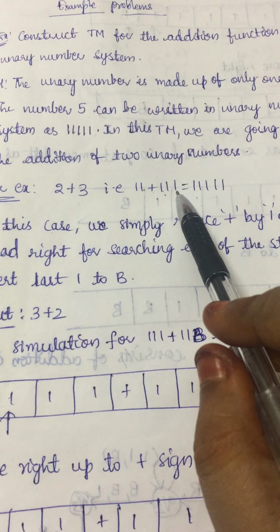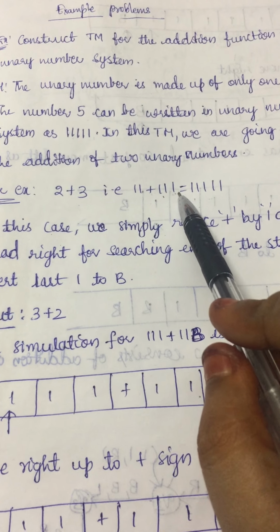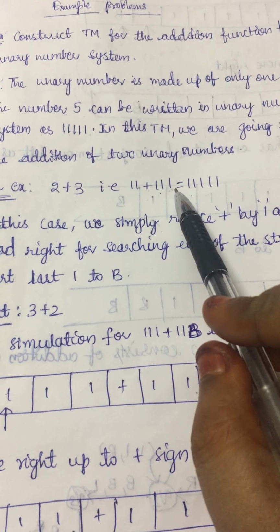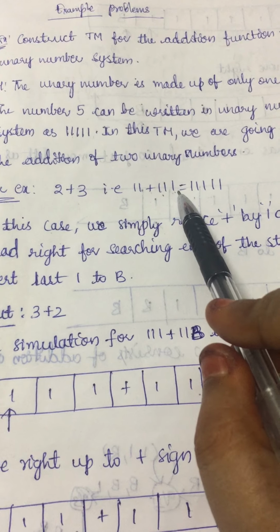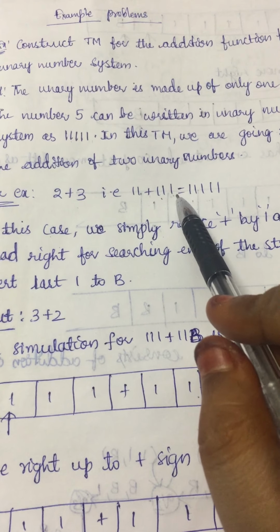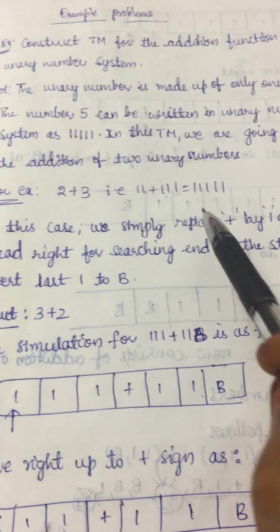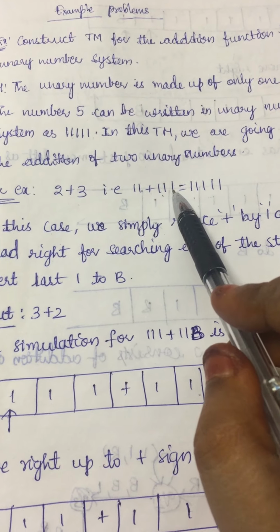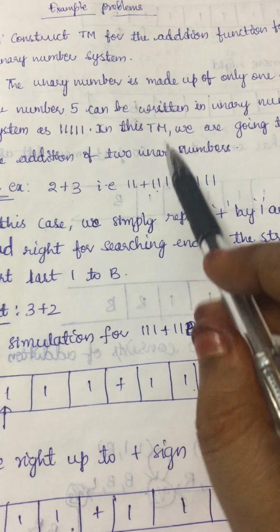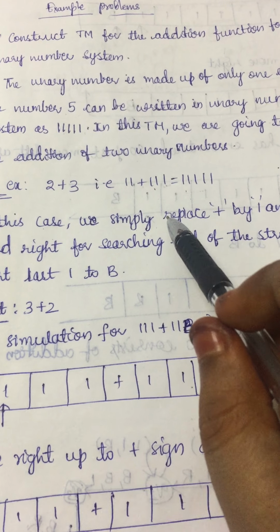That blank symbol is present after the last one in the input tape. After finding that blank symbol, the control will again move to the left direction, and now it is going to reduce this one to a blank symbol.